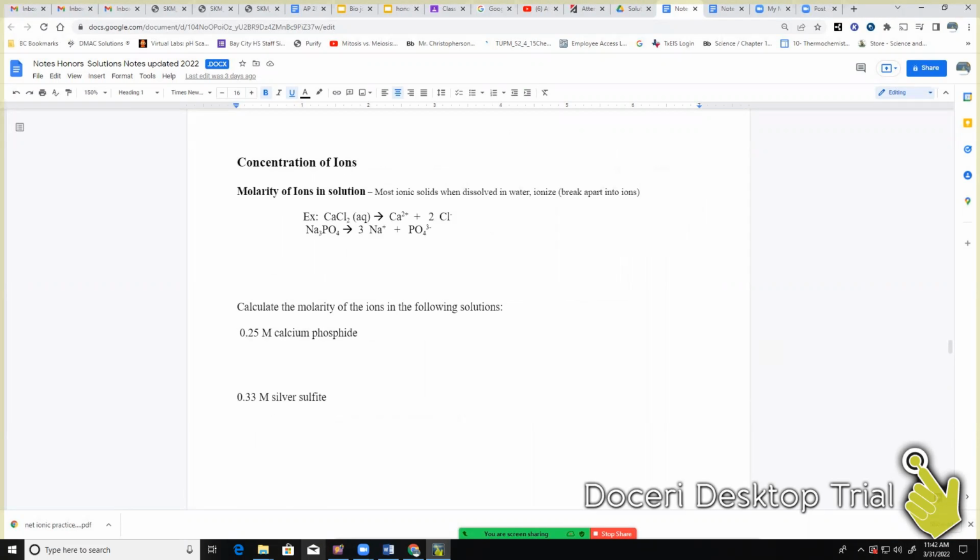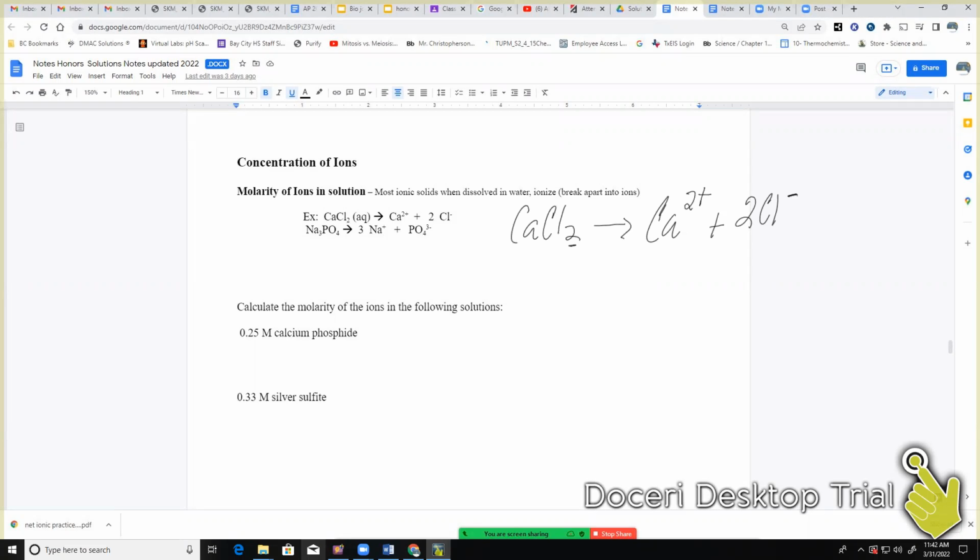So if you have a strong electrolyte, we said it's going to ionize almost 100% in a water solution. So we'll use just this example, calcium chloride. That's an ionic compound. So if I put it in a water solution, it's going to ionize into calcium ion plus 2 chloride ions. And the reason there's 2 is because my little subscript of 2.